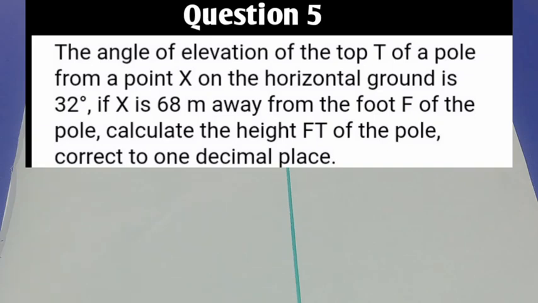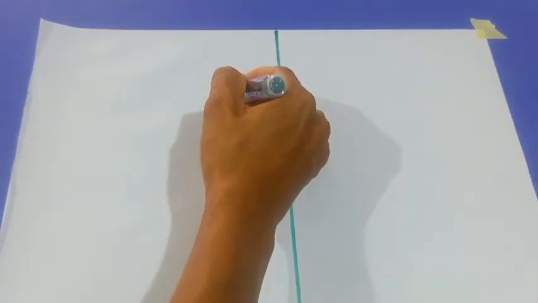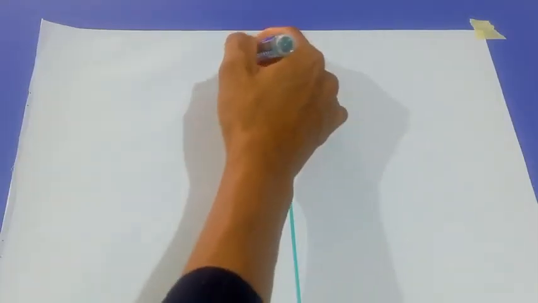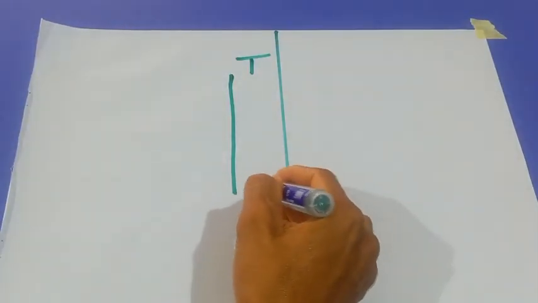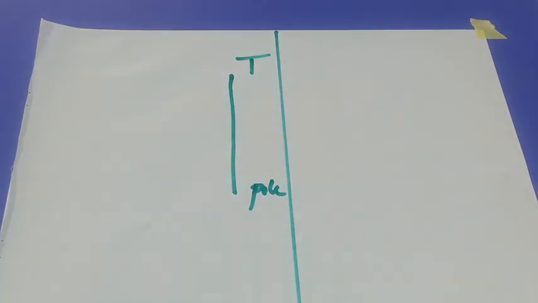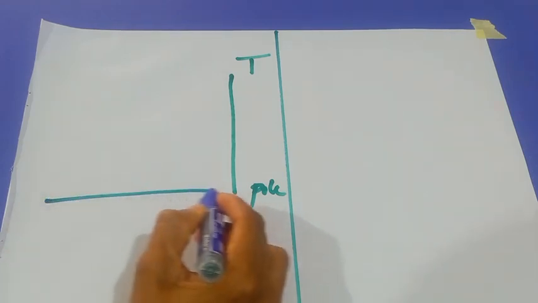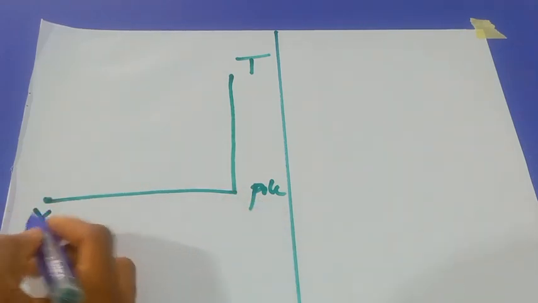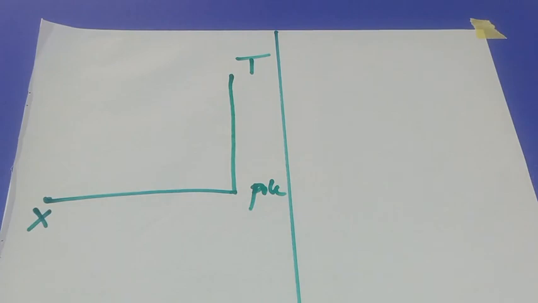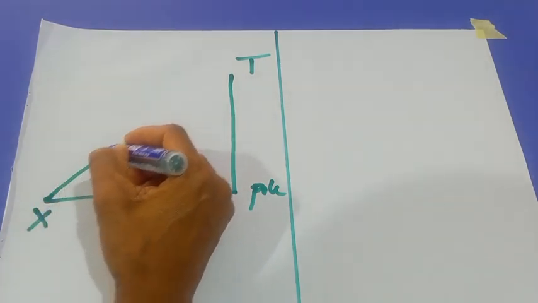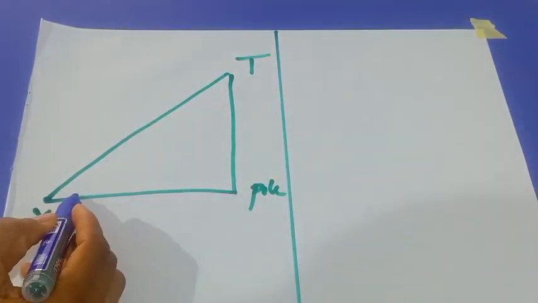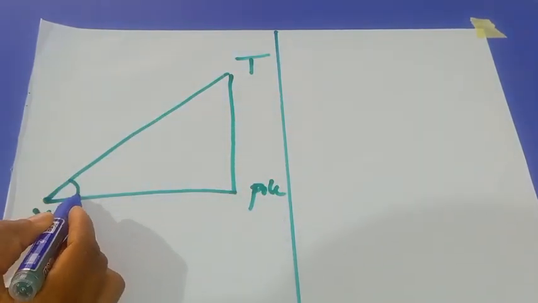The angle of elevation of the top T of a pole. Let this be the pole T. Then the angle of elevation of the top T of the pole from a point X. We have to locate a point and let that point be this X. And then we'll get the angle of elevation from, remember, this is elevation going up.